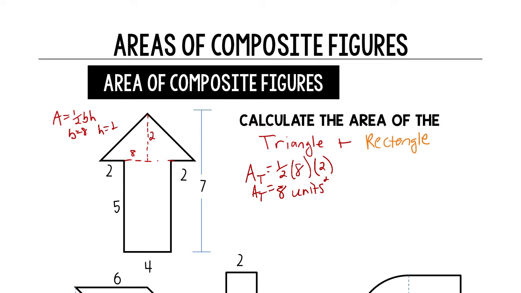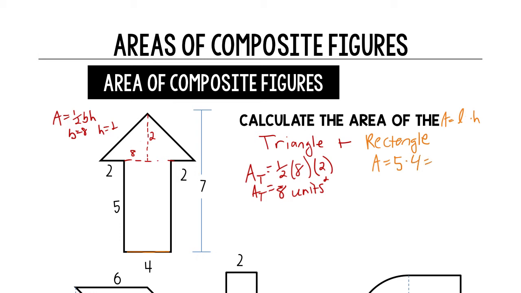Now let's do the rectangle. We know the area of a rectangle is the width times the height, or the length times the height, I guess is what we say. So our length is this side that is 5 units long, so 5. And then I guess that's the height, but then this end that's 4 will be our length.